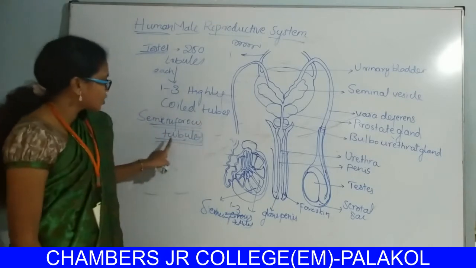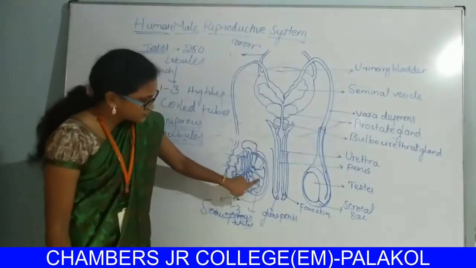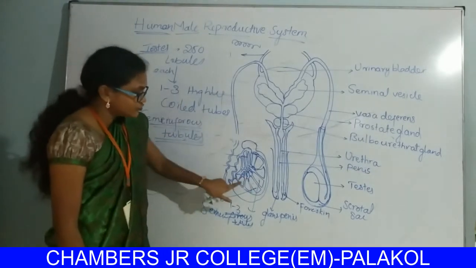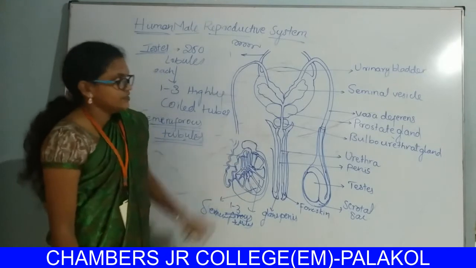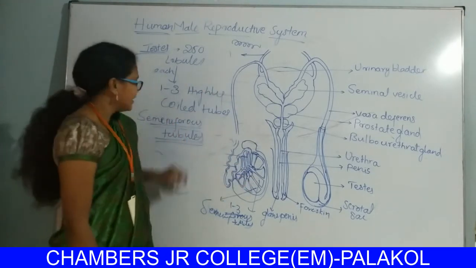So how many seminiferous tubules are there in these lobules? 1 to 3 highly coiled seminiferous tubules are present in each lobule of the testis.